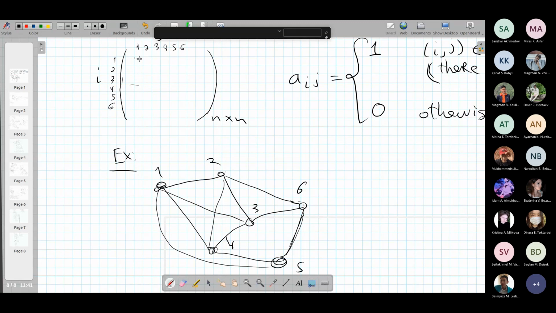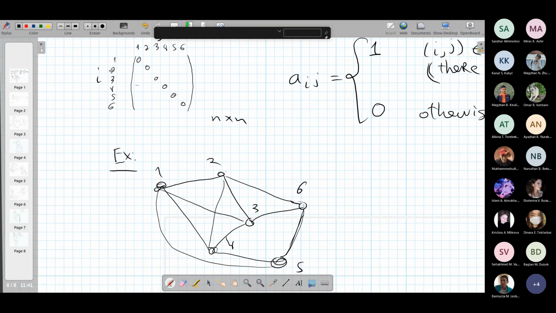The main diagonal would be full of zeros if there are no self edges. Loops are edges that point to itself, like A_ii is a loop. There are no loops in this graph.